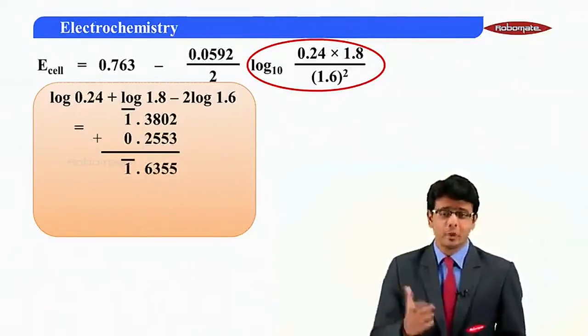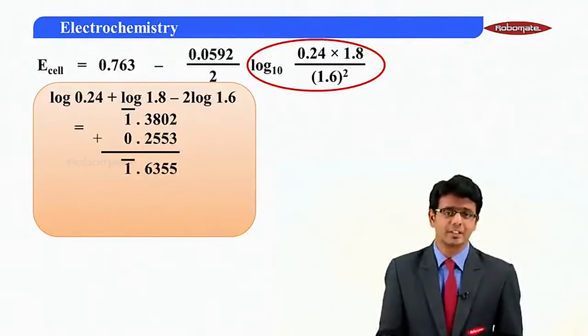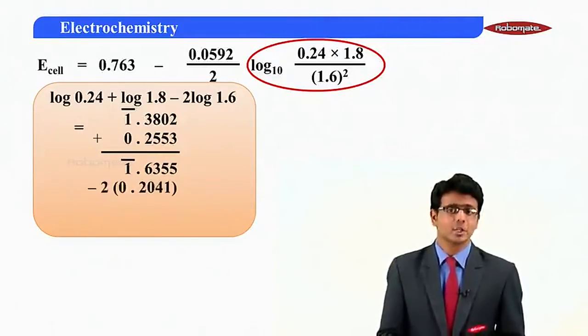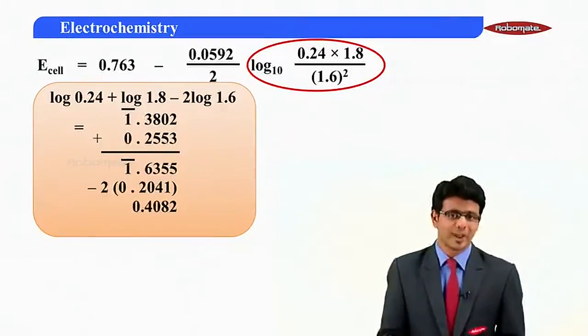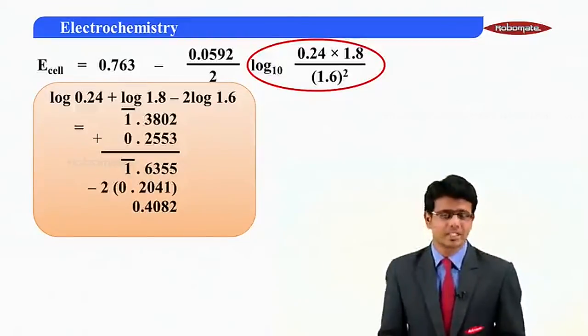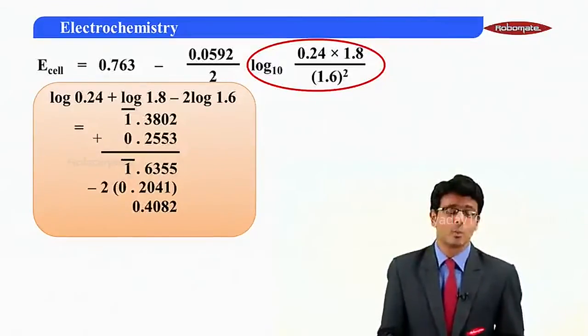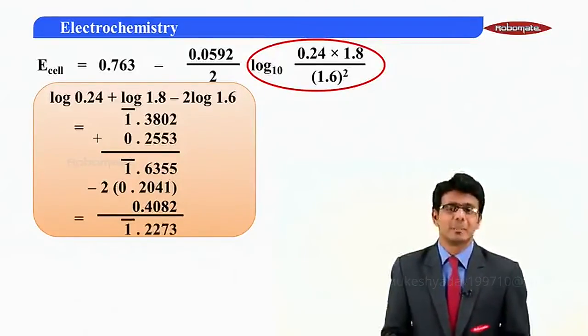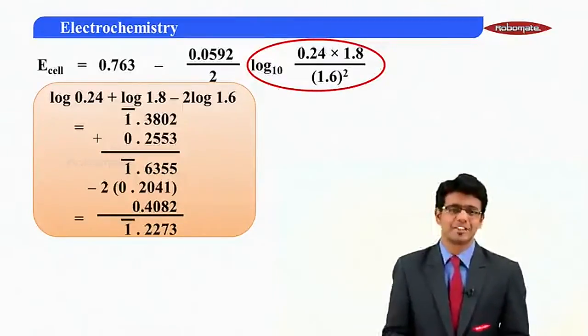From this value, we are going to subtract 2 times log of 1.6, so minus 2 times 0.2041, which is 0.4082. So basically bar 1.6355 minus 0.4082, the answer comes out to be bar 1.2273.